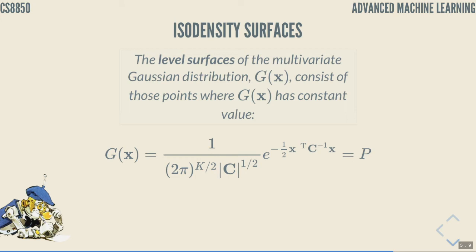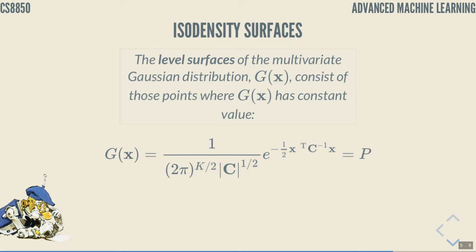So let's talk about isodensity surfaces. We're still in the Gaussian distribution, and the level surfaces of the multivariate Gaussian distribution g of x consist of those points where g of x has constant value. Right? So we have a distribution, and a distribution is not a paraboloid.